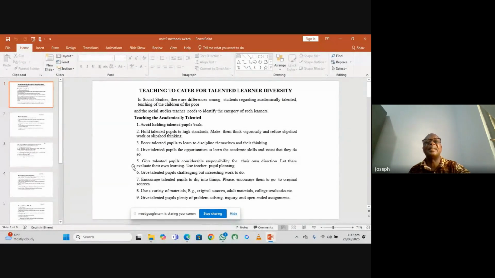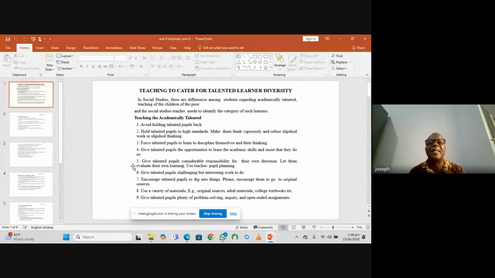And the social studies teacher needs to identify the various categories of learners in his or her class. If you don't know them, you can't cater for them properly. You need to know your learners, so you know who is who, so that you can cater for them when you are with them, teaching them. Teaching the academically talented.